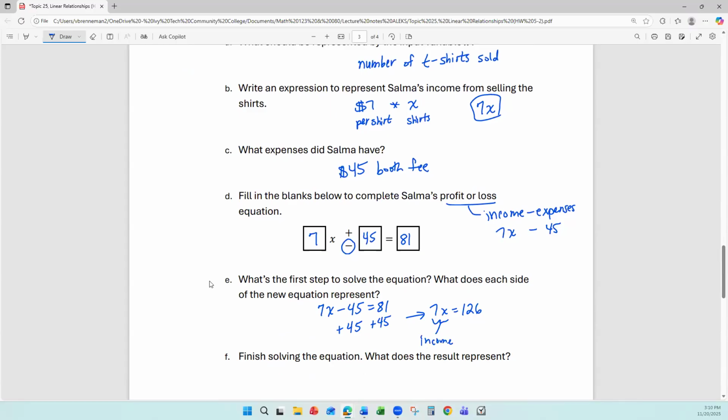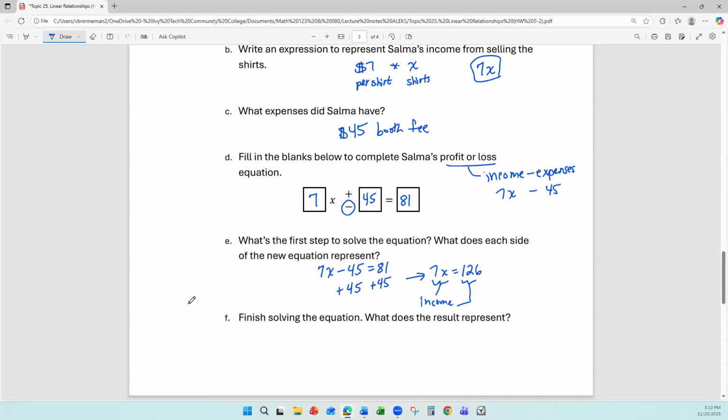And so that means the 126 also is the income. So she actually made $126. Once you say she took home 81, but she had paid the 45, and so if we reverse that and say before she paid the 45, she had made $126.